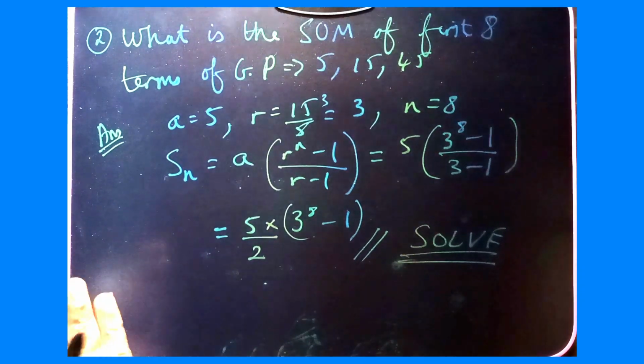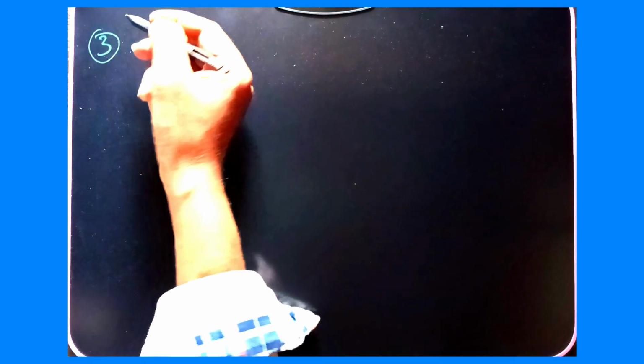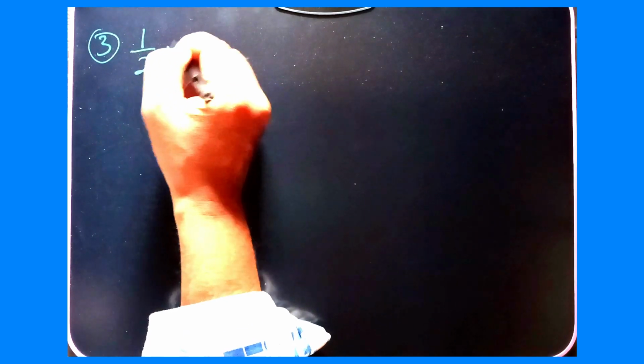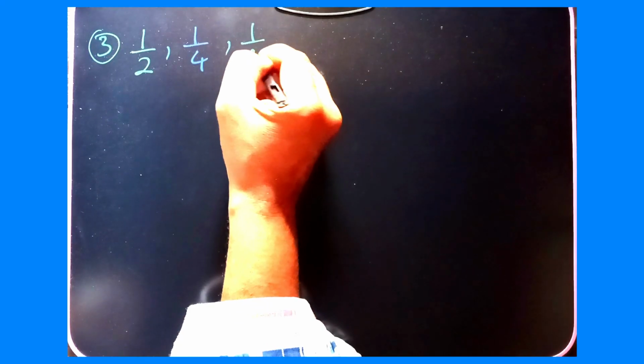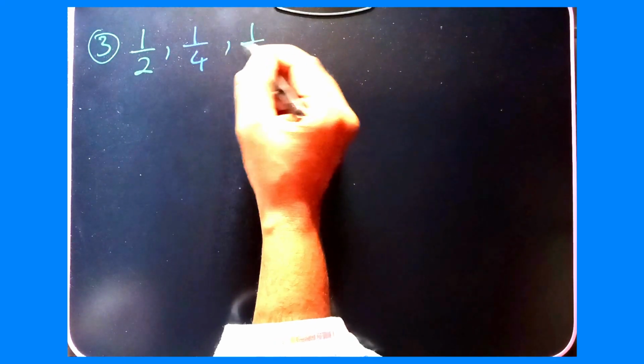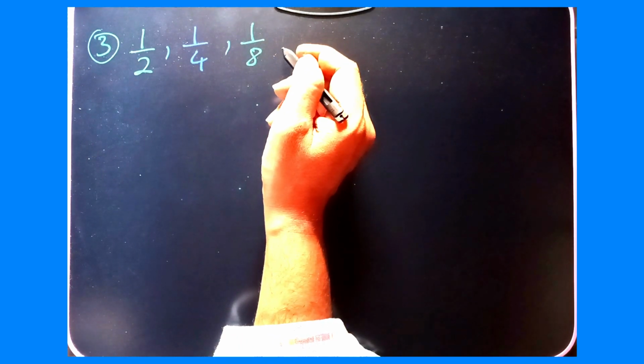We'll take a dividing number. So what is a dividing number? For example, 1 upon 2, 1 upon 4, 1 upon 8. Here the sequence terms are less than 1, right?